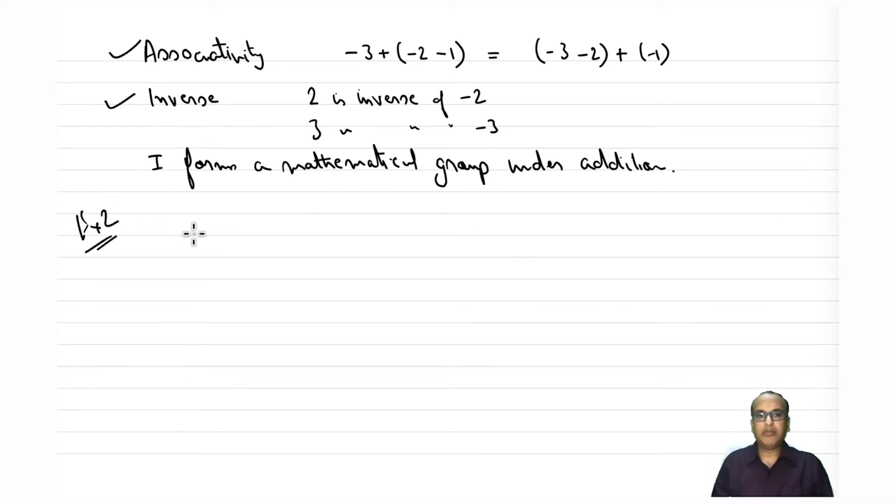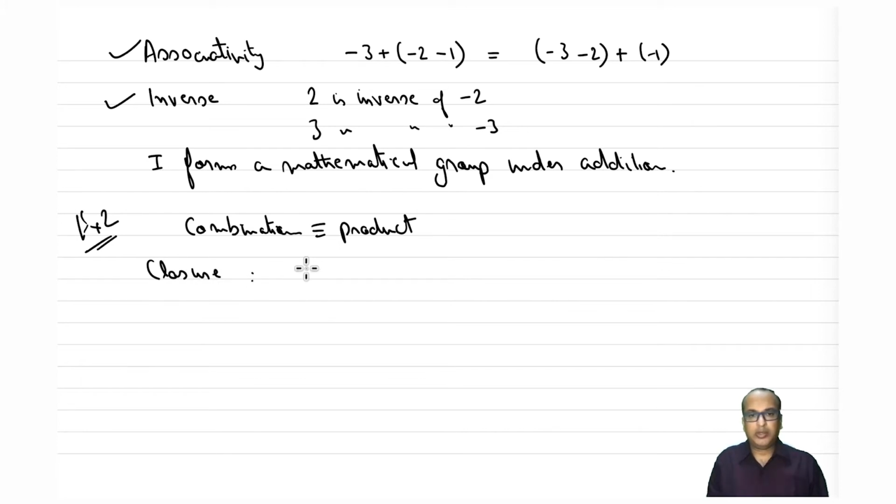Okay. Now let's say example 2. If we consider the same group, but now we say that the combination is product or multiplication. Okay. So in this case, let's see the closure property. Does it hold true? So -2 times -3 is equal to 6. The product of any two integers is another integer. So the closure property does hold true. Then identity. So 1 is an element which leaves any other element unchanged and also commutes with them, right?